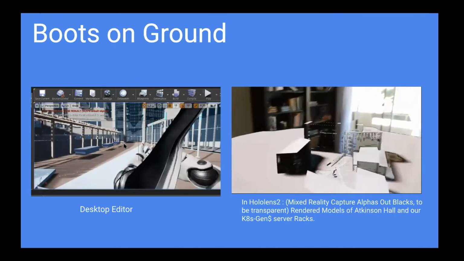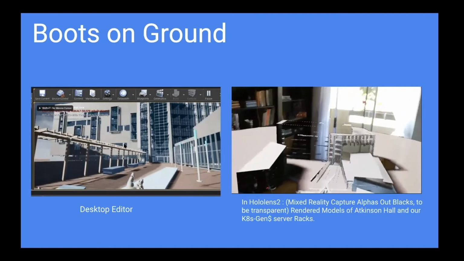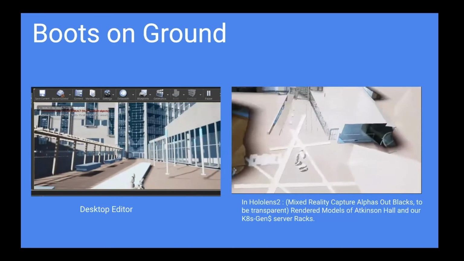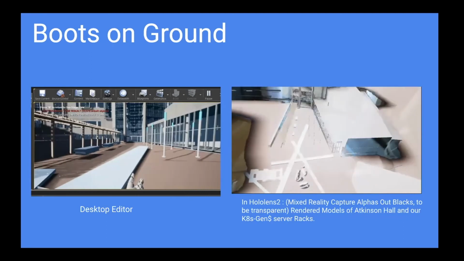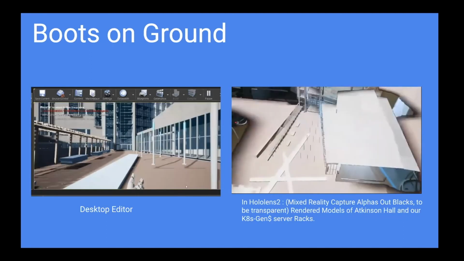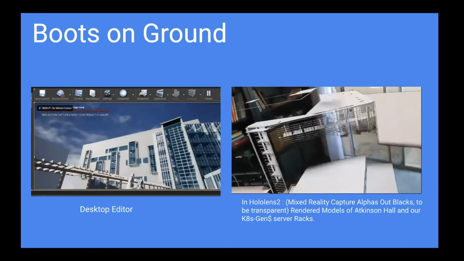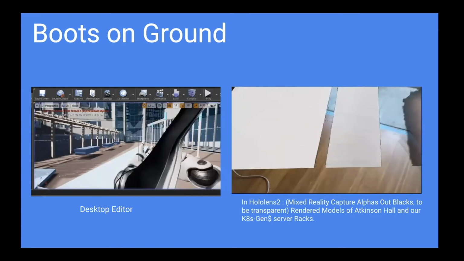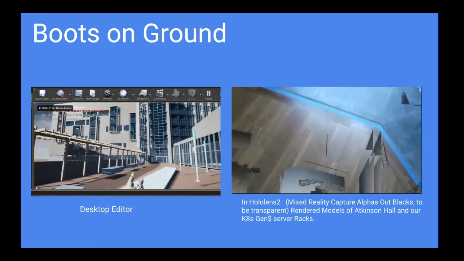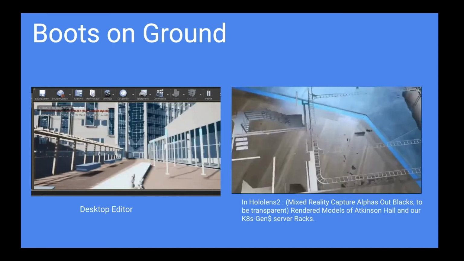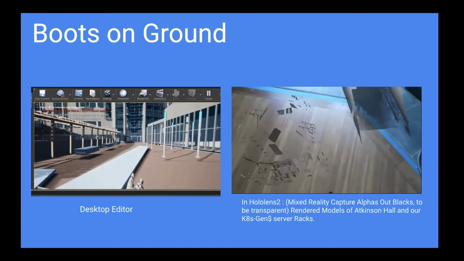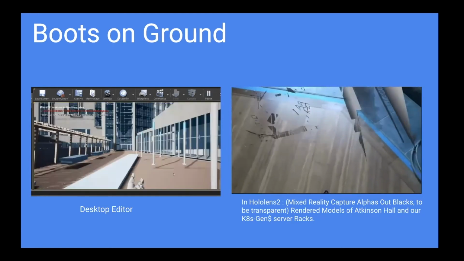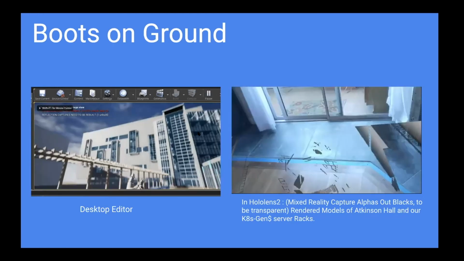You can see we're running the model in the Unreal Game Editor on a desktop, and on the right, this is in the HoloLens. I apologize for the alpha channel. It's an artifact of the screen capture thing that you can get with HoloLens. The viewer sees the model as it is on the left, but it just doesn't screen capture well.